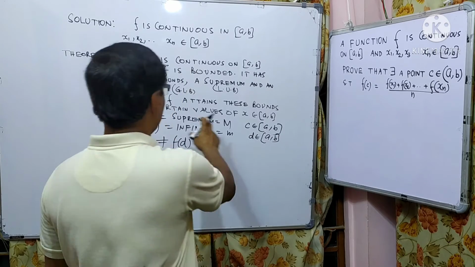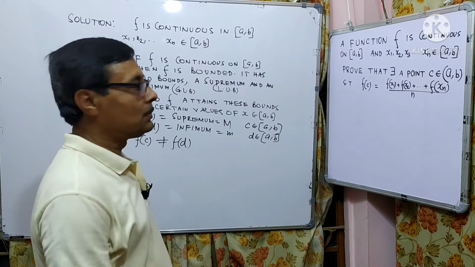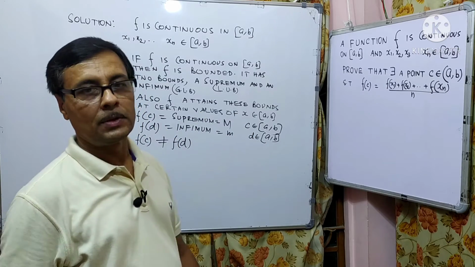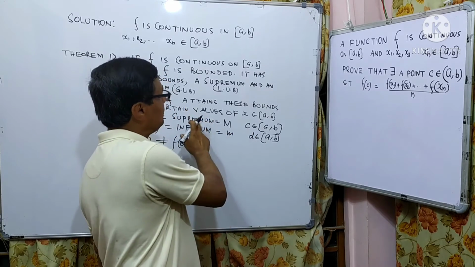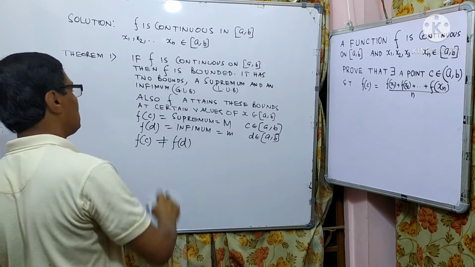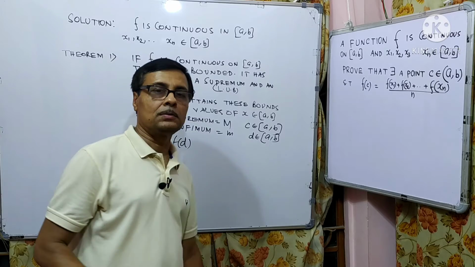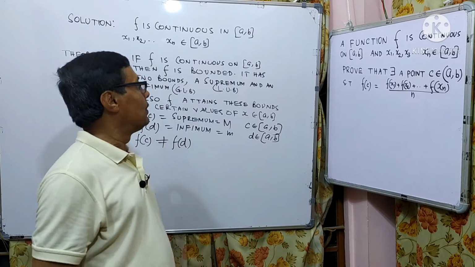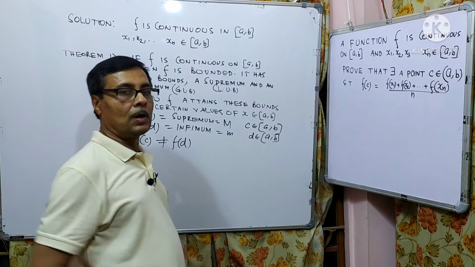Here f(c) is the supremum, that is the least upper bound of this function in this closed interval, and f(d) is the infimum, that is the greatest lower bound of this function in this interval. These are the two bounds of this function in this interval. So all other values of this function lie between these two bounds.